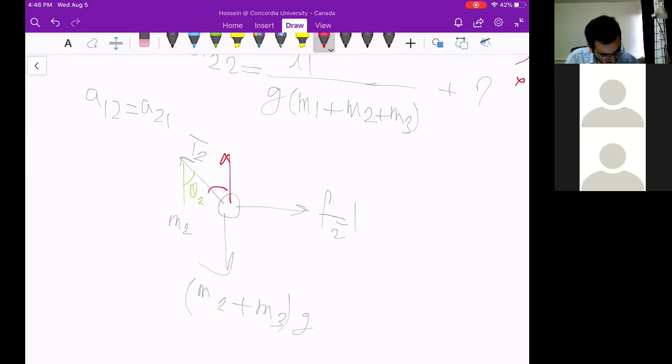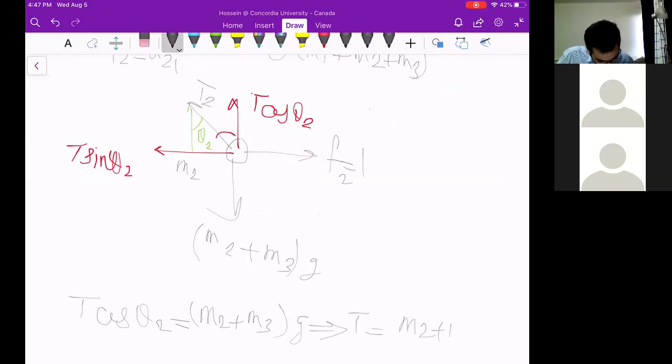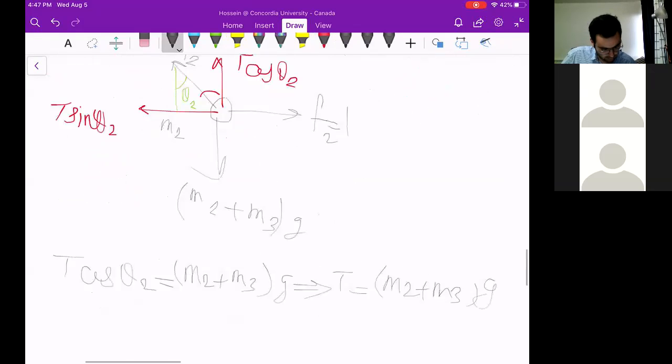T cosine theta 2, T sine theta 2. Simply, T cosine theta 2 is going to be (M2 plus M3) g. Therefore, T is going to be (M2 plus M3) g, because theta is very small, cosine theta is about 1.